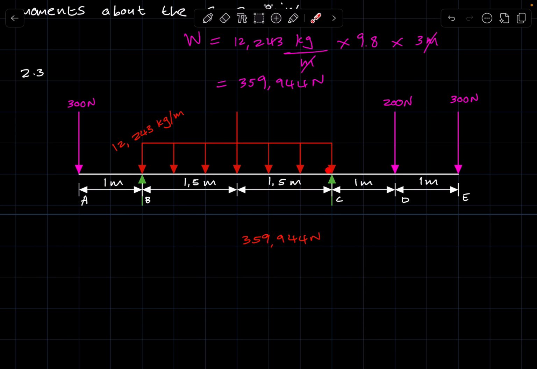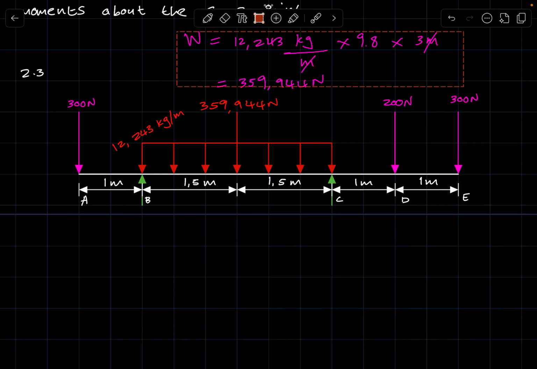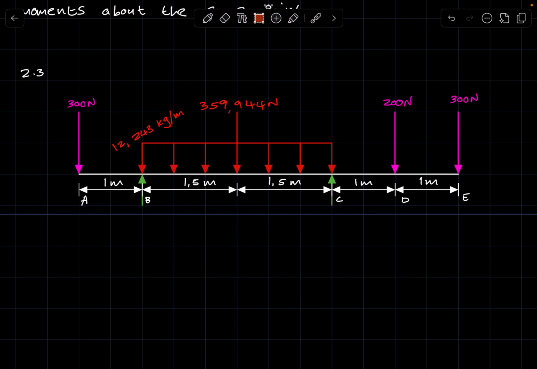Half of 3 meters is 1.5. So this here is going to act 1.5 from the left and 1.5 from the right hand side. That is what I mean by the weight component acts at the half of the UDL's span.